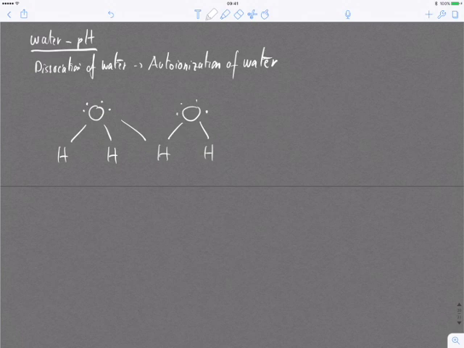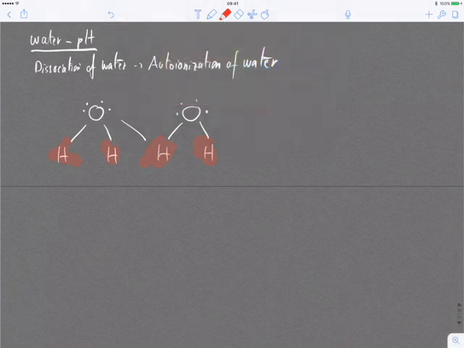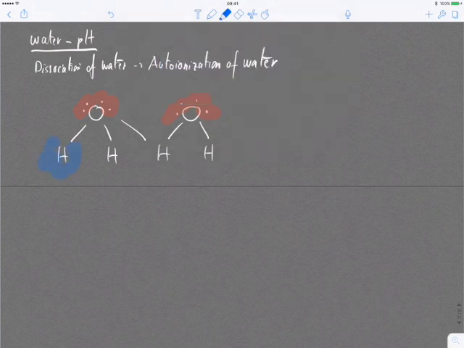But sometimes those molecules can come very close to each other. Now we're familiar with that, right? There is the positive part of it and the negative part of it. Let's be consistent here: the negative part here and the positive part here.